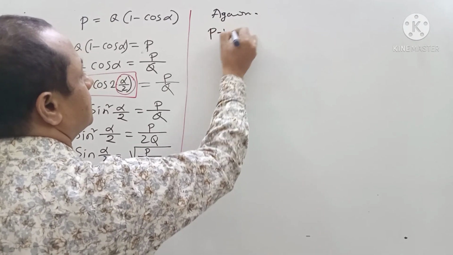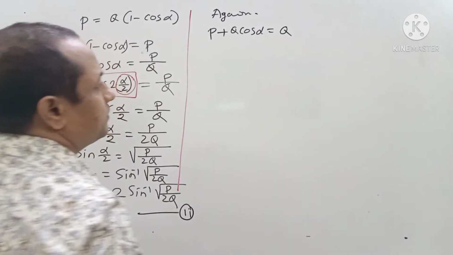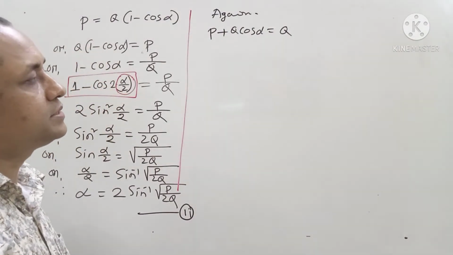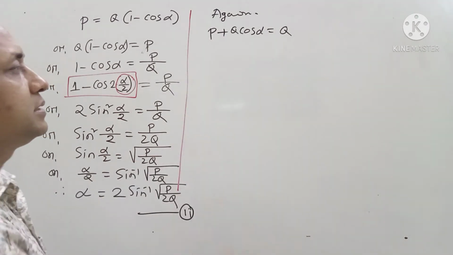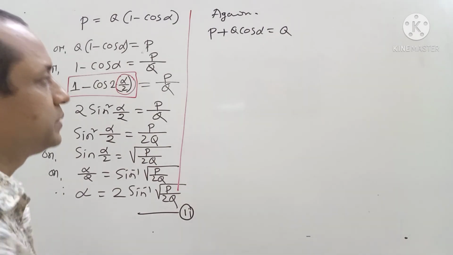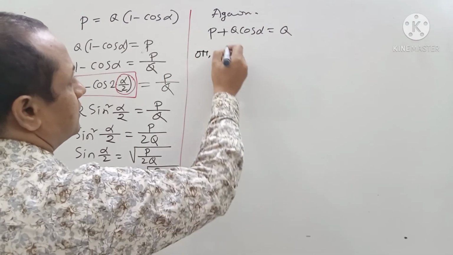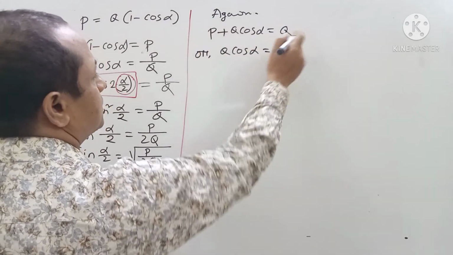Again, taking the resolved part of forces along OA, P plus Q cos alpha equals Q. Now students, Q cos alpha equals Q minus P, taking P to the right side.